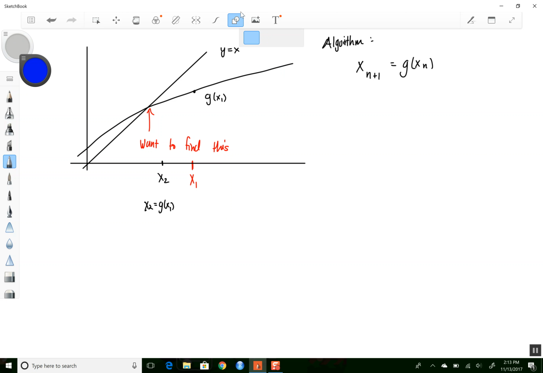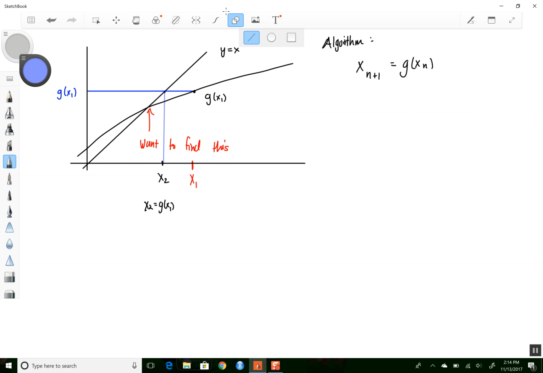Here we can say, if I go over to where g of x1 is, this is the location right here, this is my x2 right there.